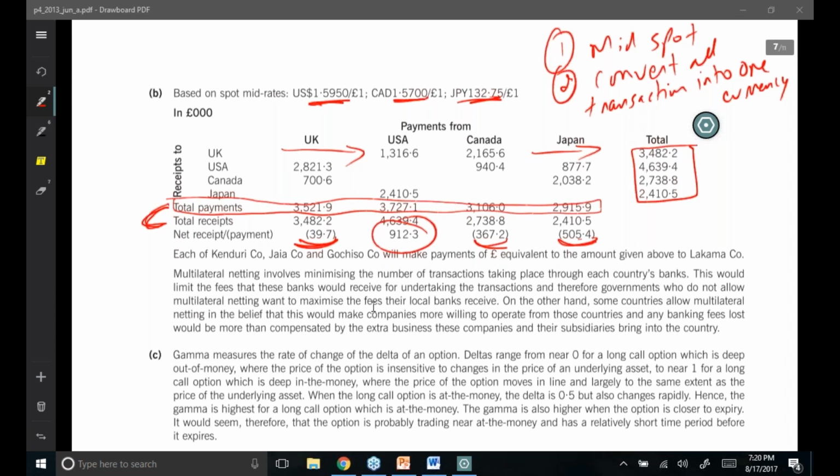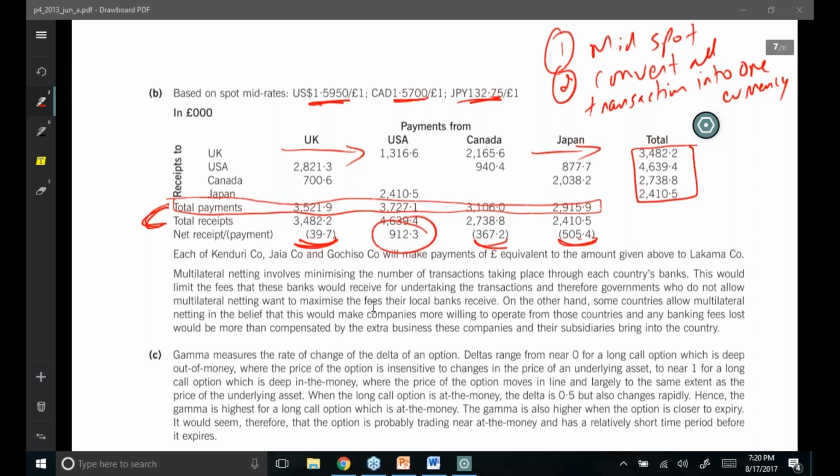Okay, there's a question why some countries do not encourage netting. Because if we perform netting, there will be lesser transactions.